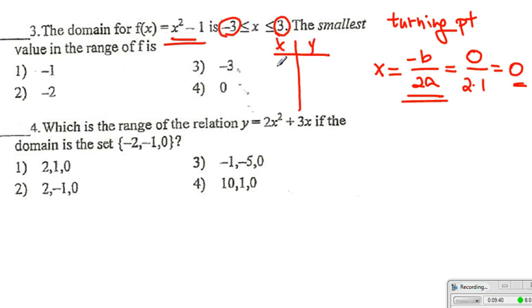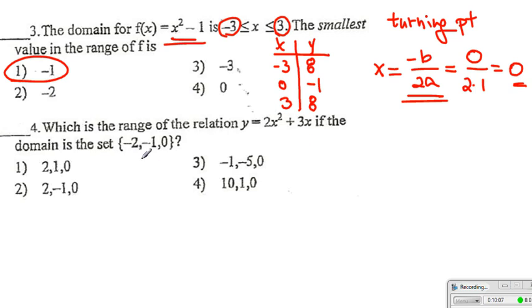So we have to check negative 3 and 3 because those are the endpoints, but we also have to check 0 because that's a turning point within them. When you plug in negative 3, we get 8. When you plug in 0, we get negative 1. And when you plug in 3, we still get 8. So our answer, the smallest value in the range, will be -1.